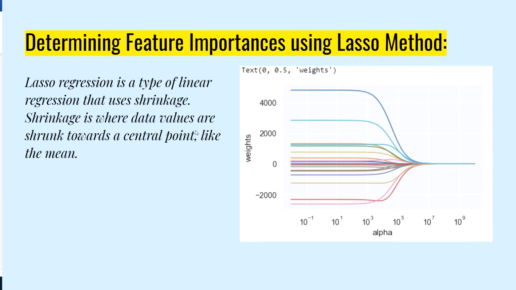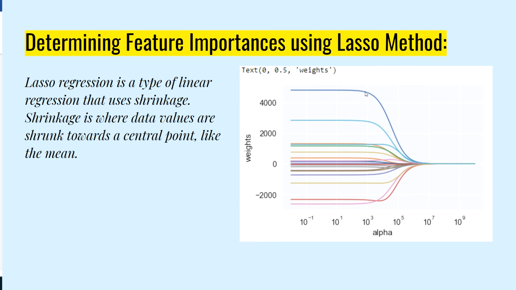My next approach was the ridge regression, but before that I checked the feature importance using a different approach, an elastic net, which uses shrinkage toward the central point, similar to the mean value, and based on alpha determines the feature importance.